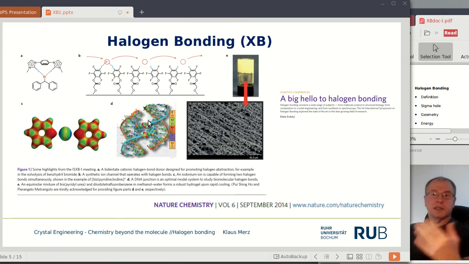Very often you can stabilize biomolecules by halogen bonding, or you can improve the properties of materials by using halogen bonding, and so on. We will have a look at different types, molecular applications, and their usage in applications.